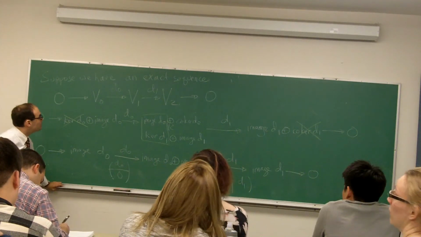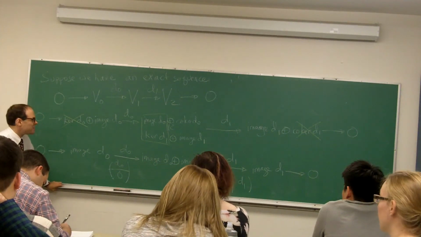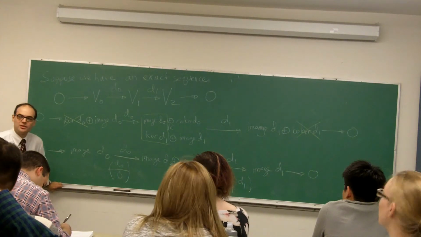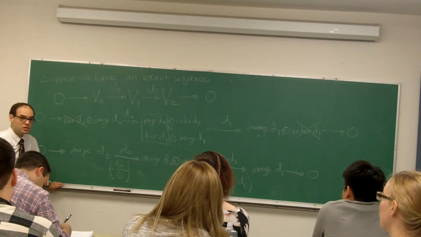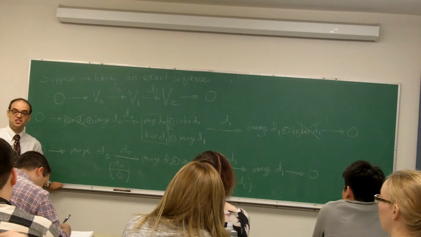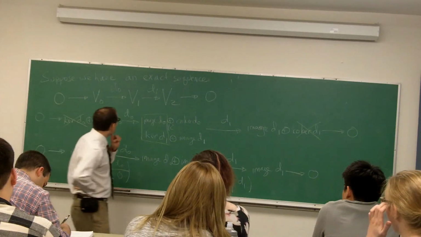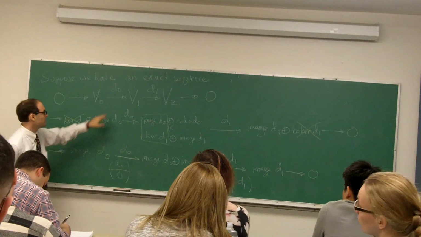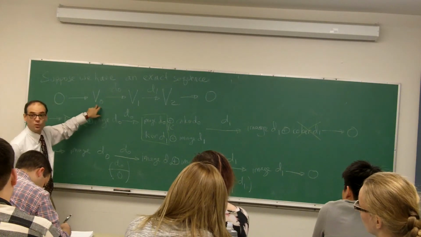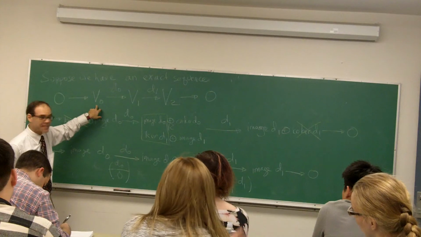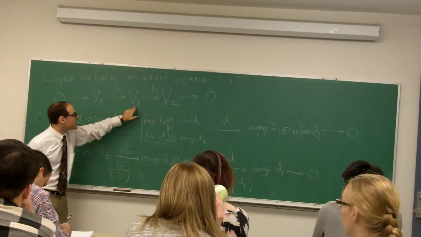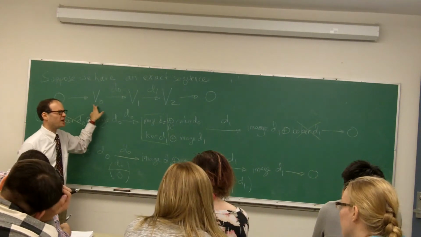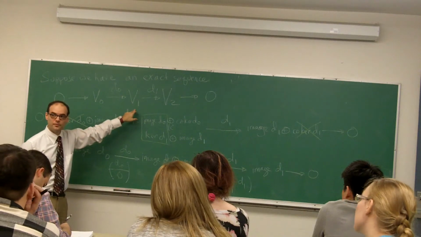Now, V1, V0, and V2 as vector spaces abstractly don't really have anything to do with one another. They're just different vector spaces, and I've got some linear maps. Now, what does the image of D0 look like? It looks exactly like V0, because D0 is injective. It looks like an exact copy of V0 sitting inside V1.